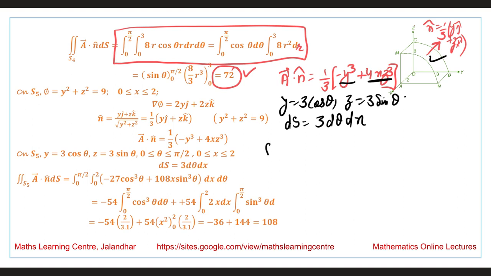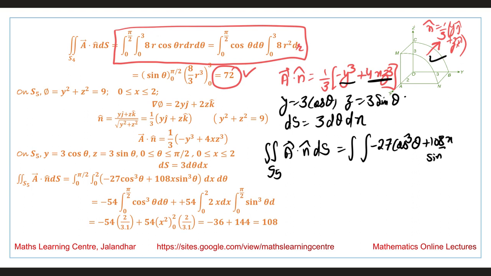So the integral we obtain is the double integral over S5 of A dot n cap into dS. When you substitute these values, you obtain the double integral of minus 27 cos cubed theta plus 108 x sin cubed theta, then dx d theta. The limits are 0 to 2 and 0 to pi by 2.